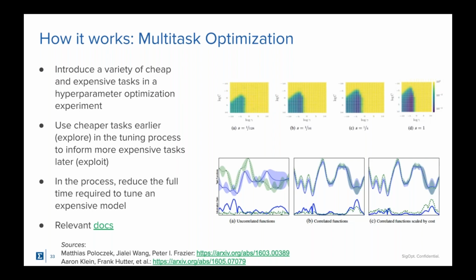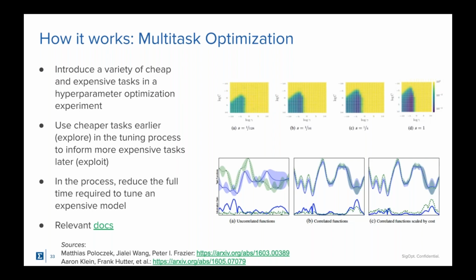There's a handful of papers here that have become very popular in the literature in the last year or so. You can think of this as a much more intelligently designed approach to adaptive experimentation compared to some of the random search variants like Hyperband or whatever it may be that still just use random search. This is about deciding exactly what to sample, when, and how much, and being as efficient as possible with those resources.